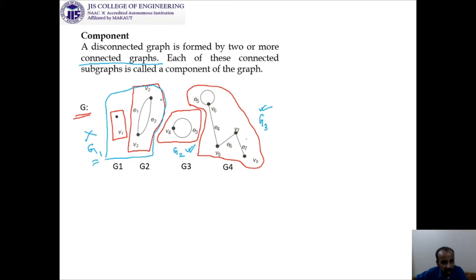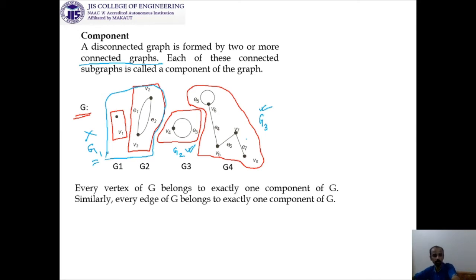So this one can't be treated as a component. Component mainly appears for disconnected graphs, but in characteristics they are connected graphs. It is a very important point to keep in mind.